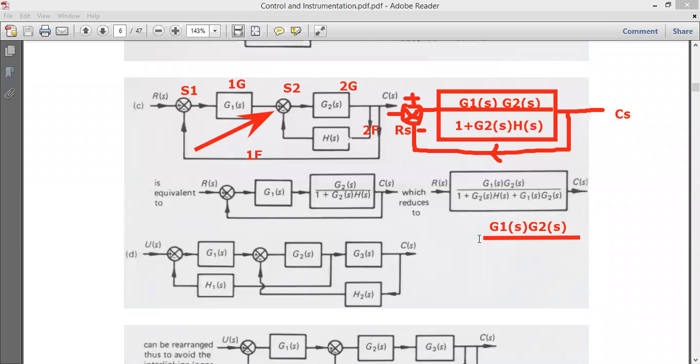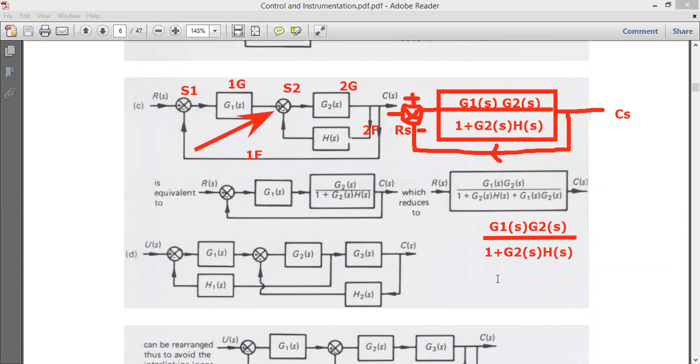I am writing it for the G block, so it is 1 plus, that is G2 of S multiplied by H of S. This is my G block.